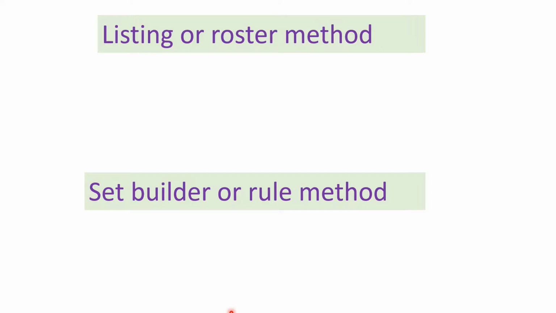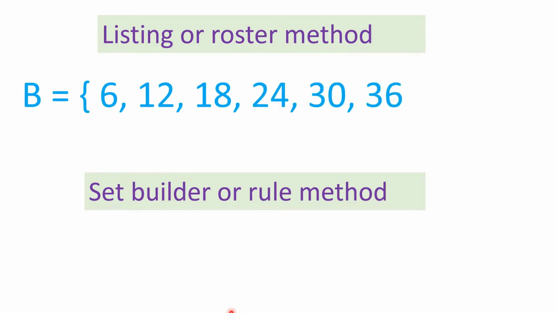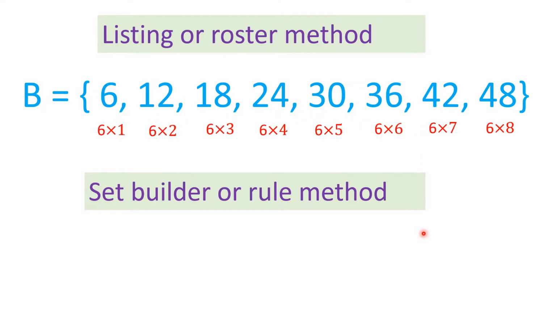Let us see another example. B contains numbers 6, 12, 18, 24, 30, 36, 42 and 48. Now what is a common property of all these numbers? Let us find out. 6, 12, 18, 24. These are all multiples of 6. In fact, these are the first 8 multiples of 6.